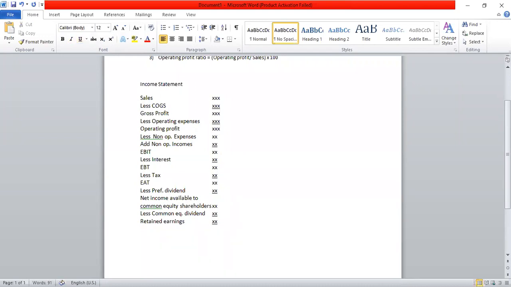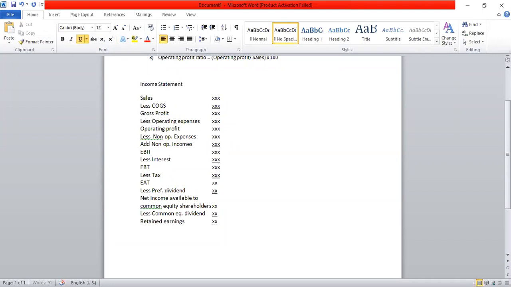We have sales. Sales minus cost of goods sold is called gross profit. From gross profit, the operating expenses are deducted, giving operating profit. Then non-operating expenses are deducted and non-operating incomes are added, and the resultant figure is called EBIT. From EBIT, interest is paid, giving EBT.